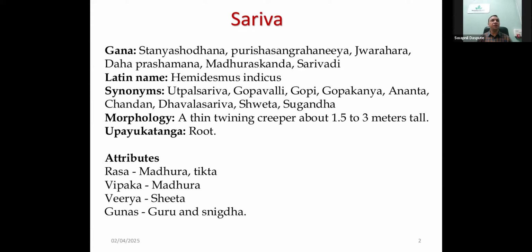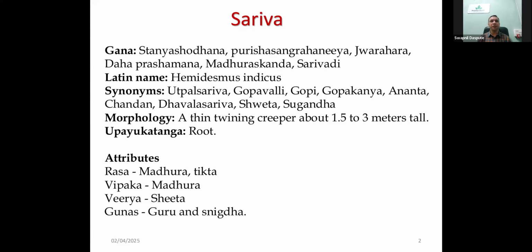So Sariva is mentioned in Stanya Shodhana Gana. We know what is Stanya Shodhana Gana. Purusha Sangrahaniya. It will help in the Sangrahan, which is to hold together. So it will give a uniform, solid consistency to the stool. That is Purusha Sangrahaniya. Jwarahara, that is, it will cure jwara or help in curing jwara.